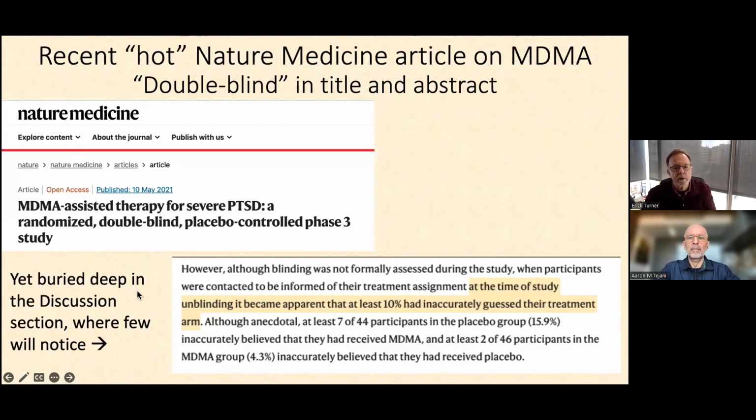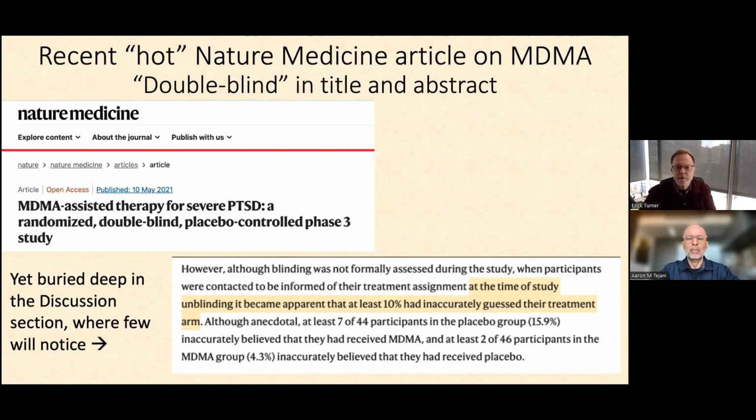Yet buried deep in the discussion section, you see that at the time of study unblinding, it became apparent that at least 10% had inaccurately guessed their treatment arm. Now that's worded awkwardly, inaccurately guessed. Another way of rephrasing that is about 90% accurately guessed their treatment arm.